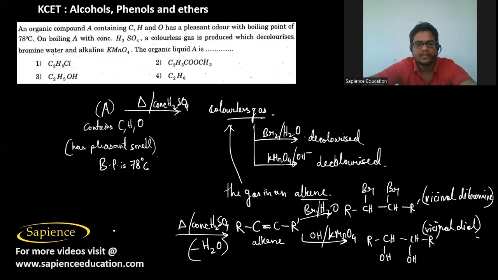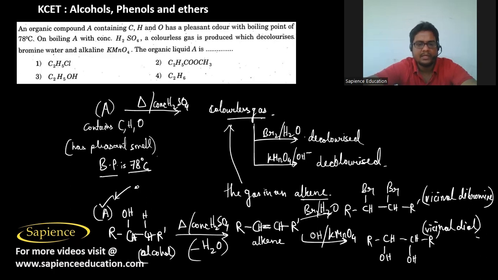Hence the compound A should be an alcohol, OH CH R dash, with H here and H also here. It should be an alcohol, and since its boiling point is 78 degrees Celsius only, the compound A should be ethanol.